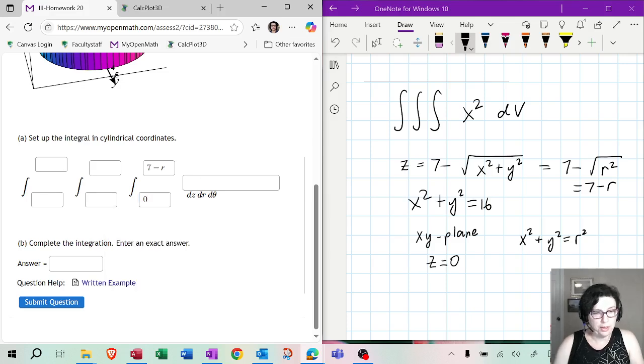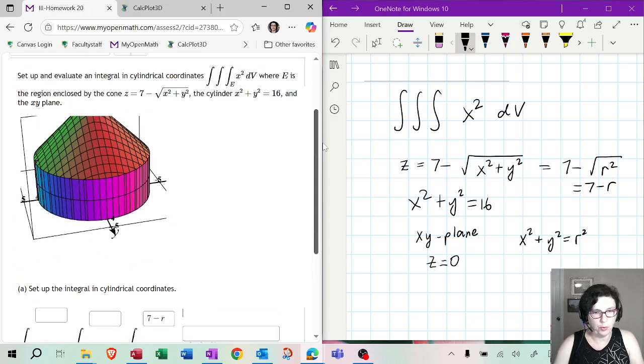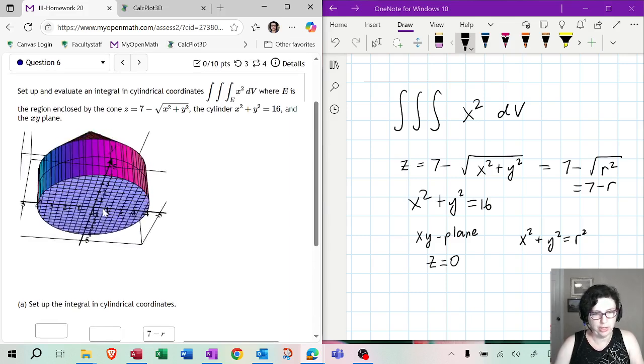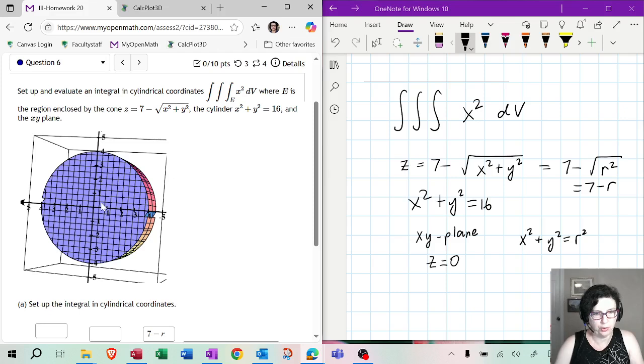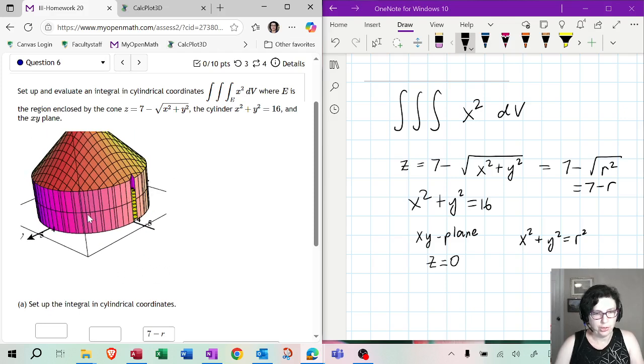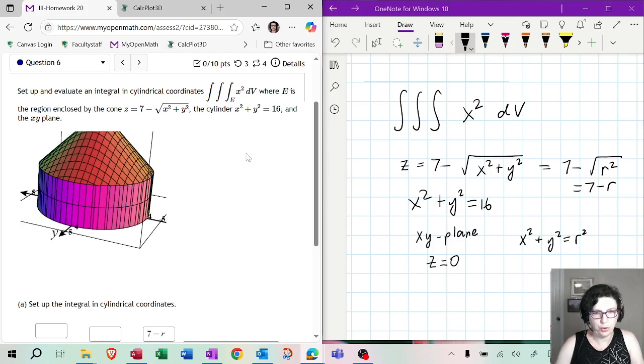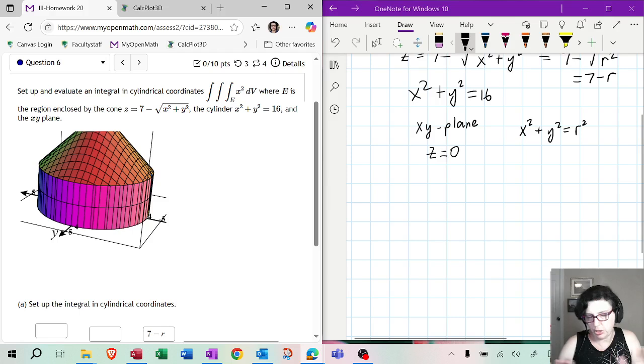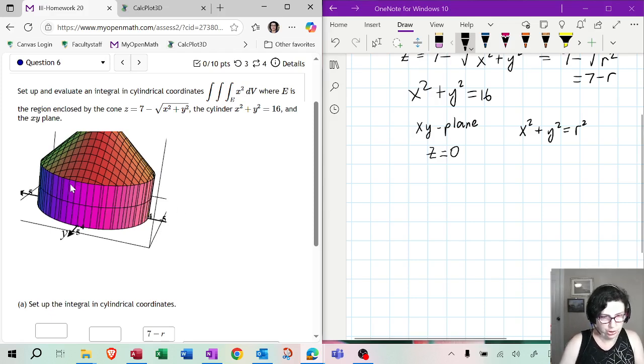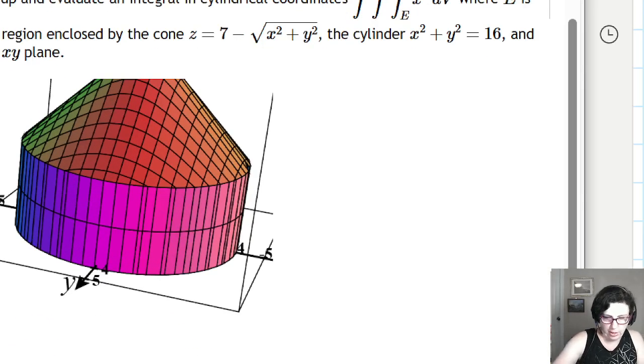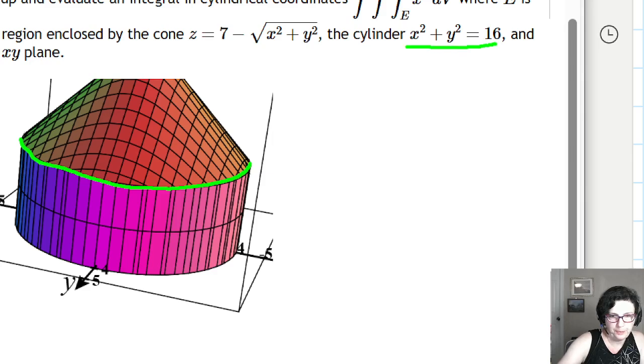And then these limits are going to be just like polar if you were to project this thing on the xy plane. You can see that this is a circle, and it looks like it has radius 4. But how do we know that? If there were no picture, you would have to understand that this cone intersects with that cylinder at x squared plus y squared equals 16.